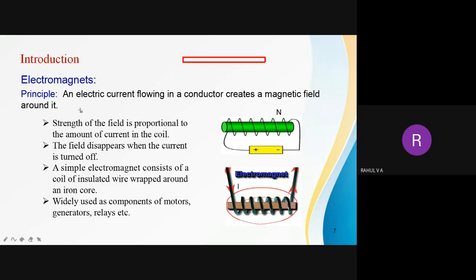So what I know is there is a conductor. If current flows through that conductor, a magnetic field will be generated or set up around this conductor.